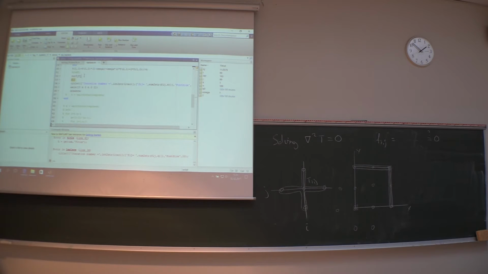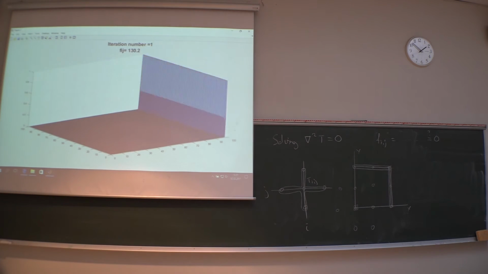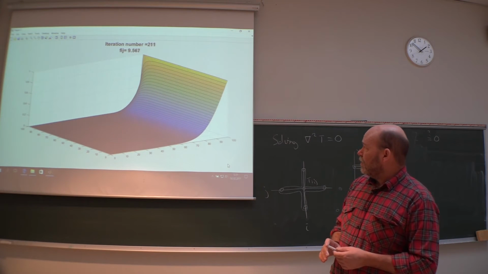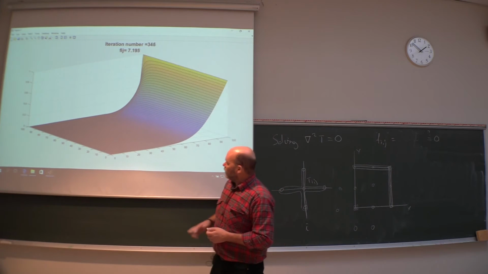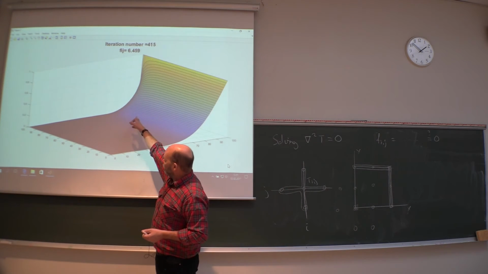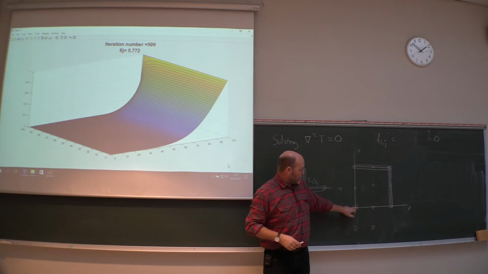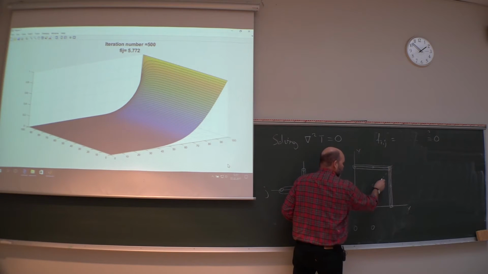Remove the printout, and we run again. So here the problem is, the method is slow. The solution will be symmetric around from this point to the other corner. This special corner point should of course be symmetric around this line here.